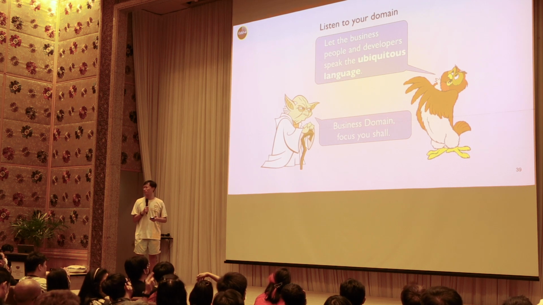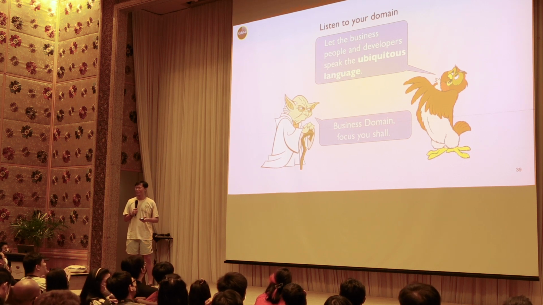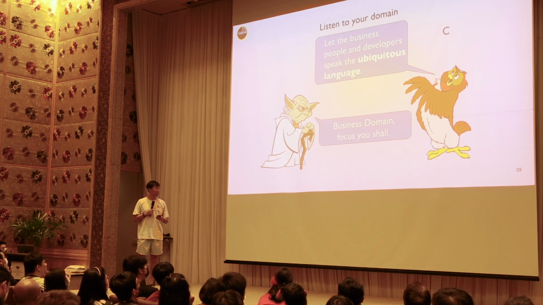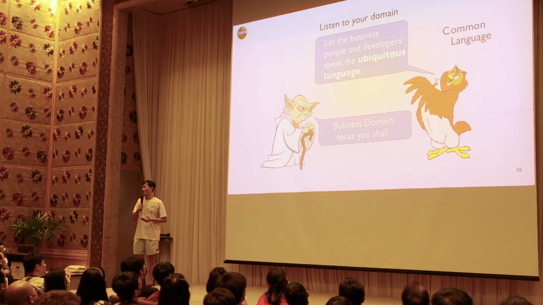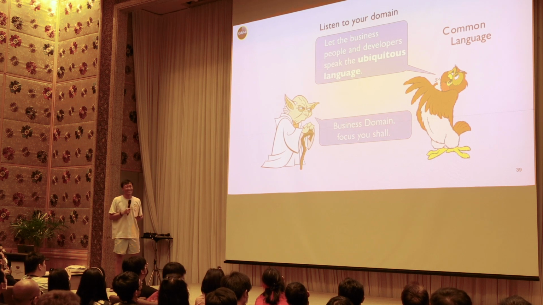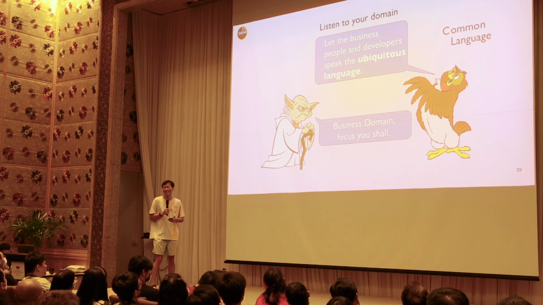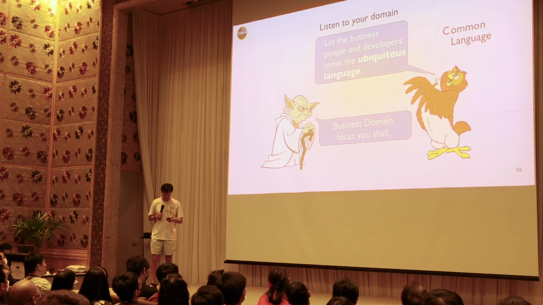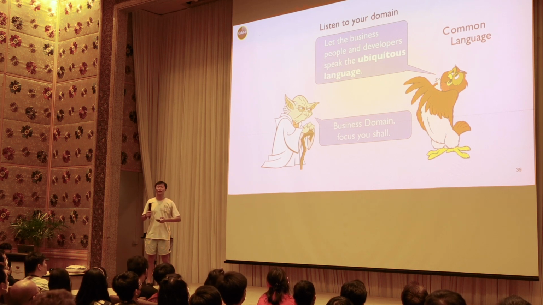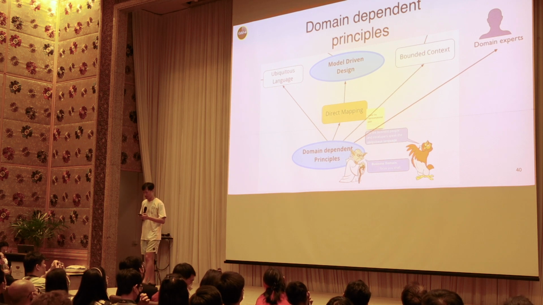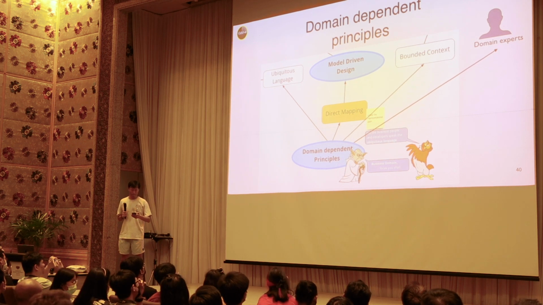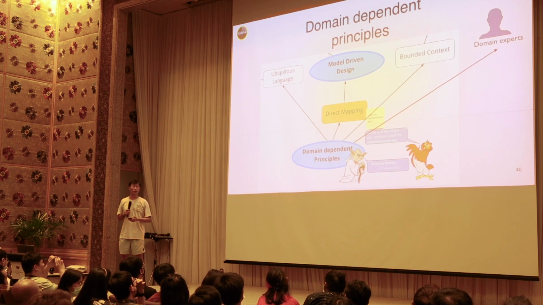How do you spell ubiquitous? Come on, just common language, just same meaning. I don't know why they made it so complicated. So meaning the business domain and the solution domain use the same language.